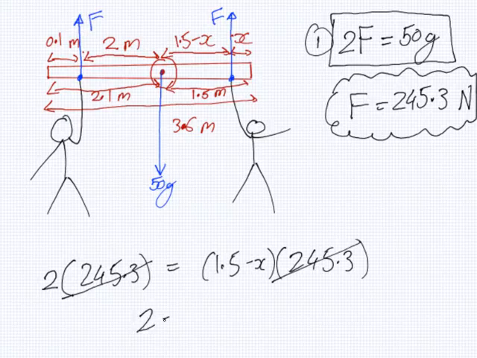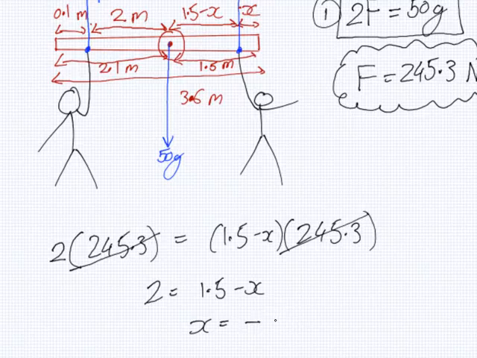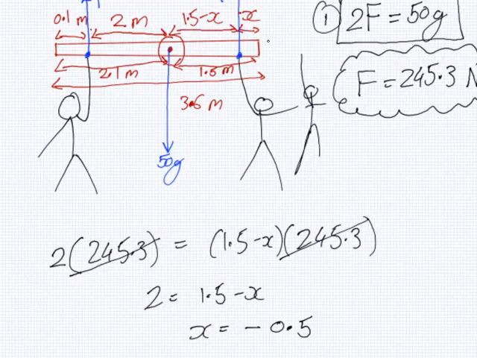So I get 2 equals 1.5 minus x. 2 minus 1.5 is 0.5. No, x. Oh, no. I made something wrong with my question. Minus 0.5. So that means he's standing here, 0.5 out.